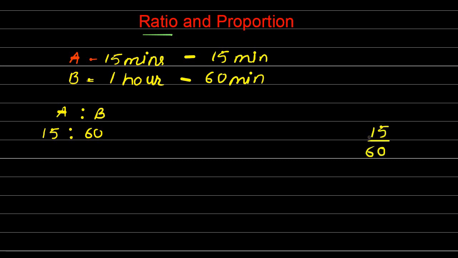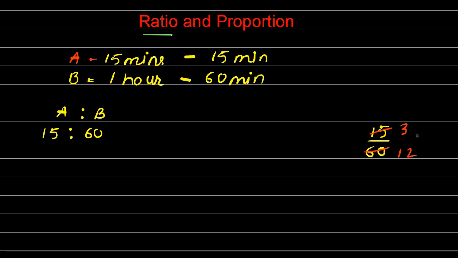Now as you can see, you can convert this into the lowest form by directly dividing by 15. But if you have still not memorized the multiplication tables, you can also go with the lower factor. So we can divide it by 5. 5 threes are 15, 5 ones are 5 and 5 twos are 10.